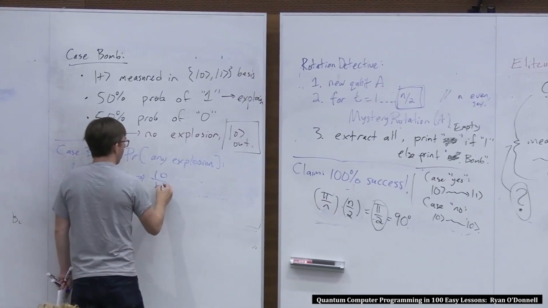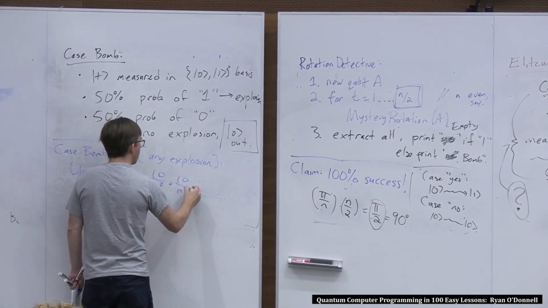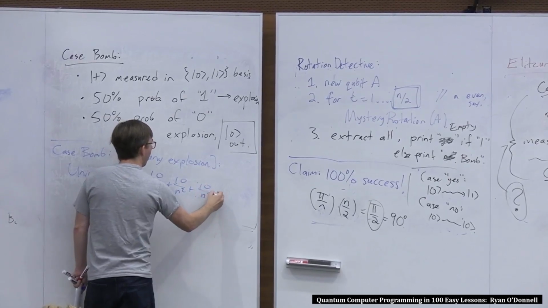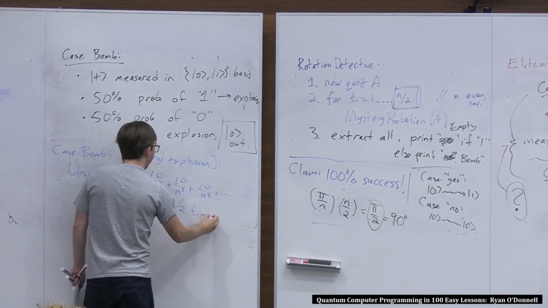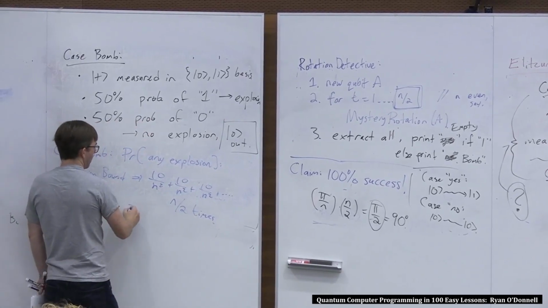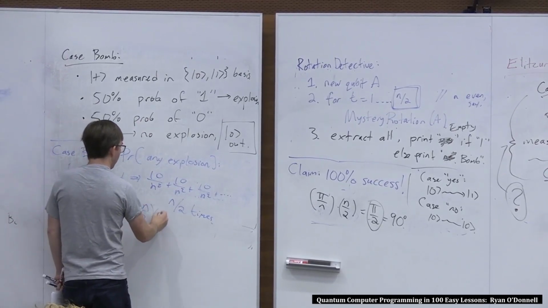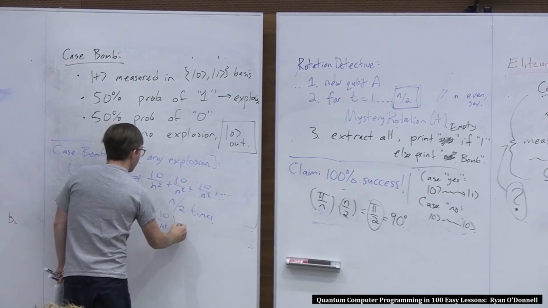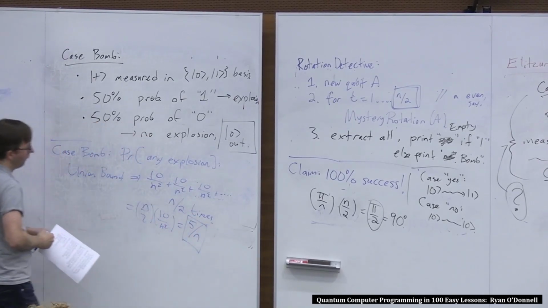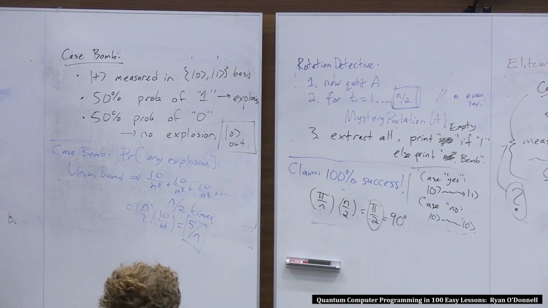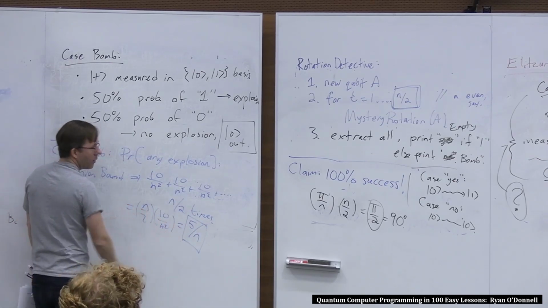So the chance you explode is at most 10 over n squared plus 10 over n squared plus 10 over n squared, n over 2 times. And that's n over 2 times 10 over n squared, which is 5 over n. And that's really small. If you take n to be 1,000,000, then this is a 5 in 1,000,000 chance, which is tiny.